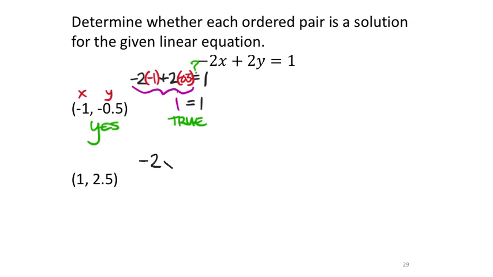So next one, -2x, same equation by the way, -2x plus 2y equals 1. But now the x value is a +1, and then the y value, which again it's just shown in the ordered pair, is 2.5.